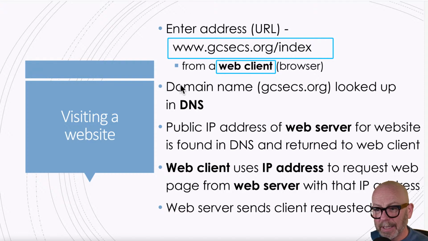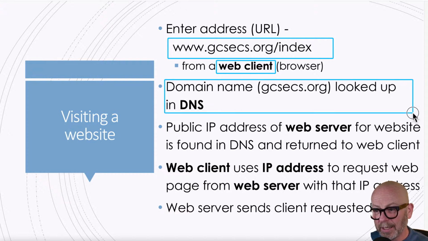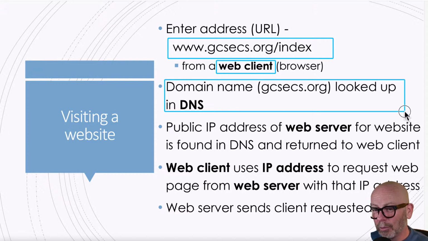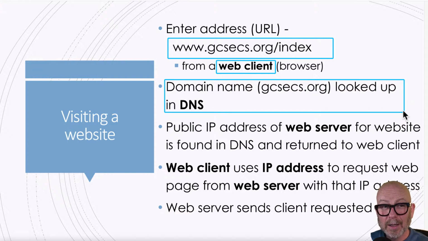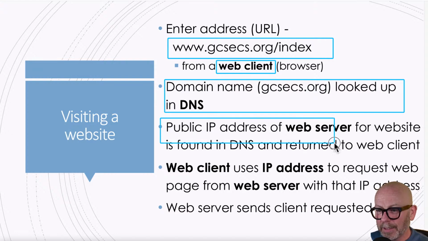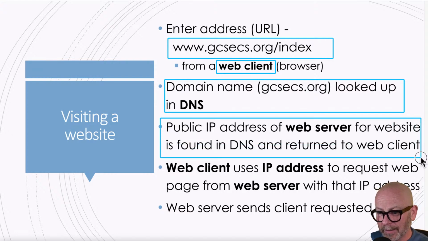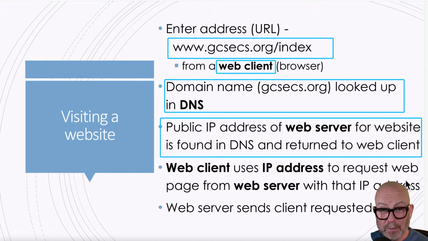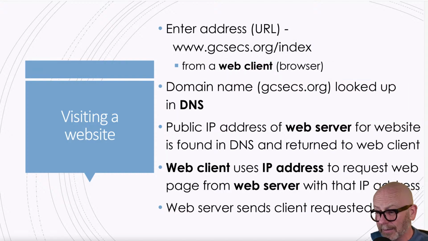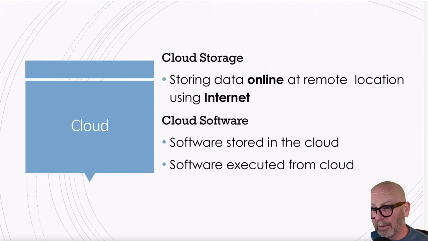And that domain name is looked up on the DNS, unless you already have it in your cache memory, which you probably will do if it's one that you visit regularly, okay? Then the public IP address of the website is found in the DNS. The website uses the IP address to request the web page from the server, and it opens up. I've kind of already covered that. So that's the story put another way.